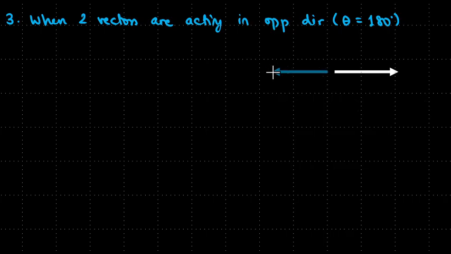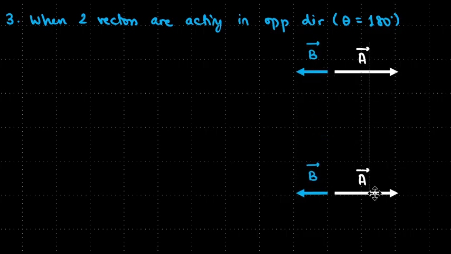So let's make it like this to make vector a bigger in this case, but there might be two cases on this. So it depends on which one is bigger. Let's actually make both the cases so that you have a glimpse of what I'm trying to say.